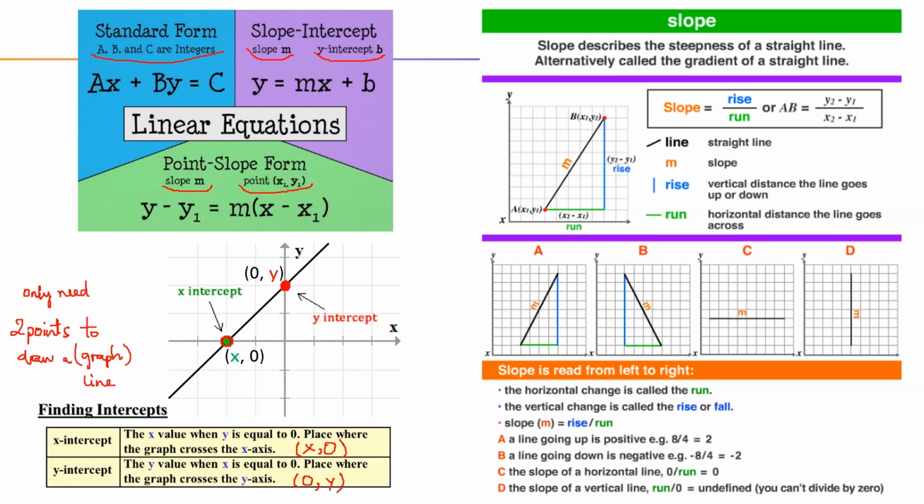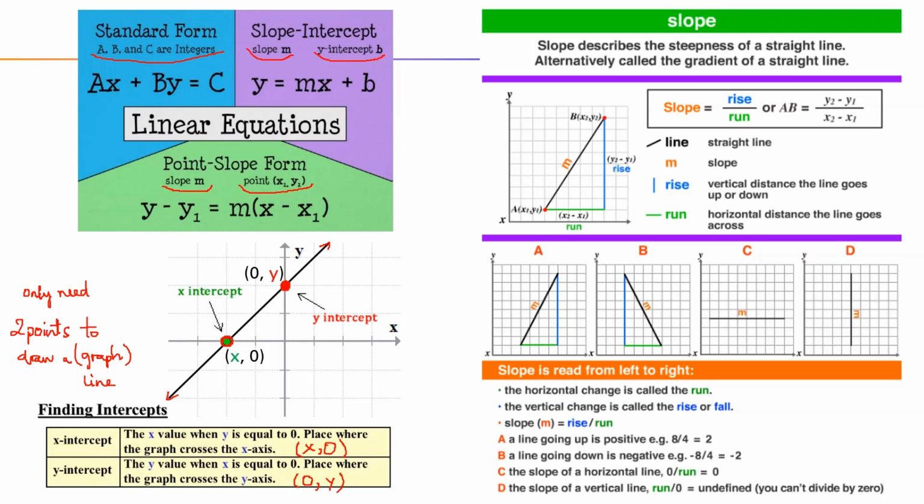If we have the x-intercept and y-intercept, we'll have 2 points. When you connect those 2 points and extend it forever in both directions, you will have a graph, right? Alright, now we go to review the slope.